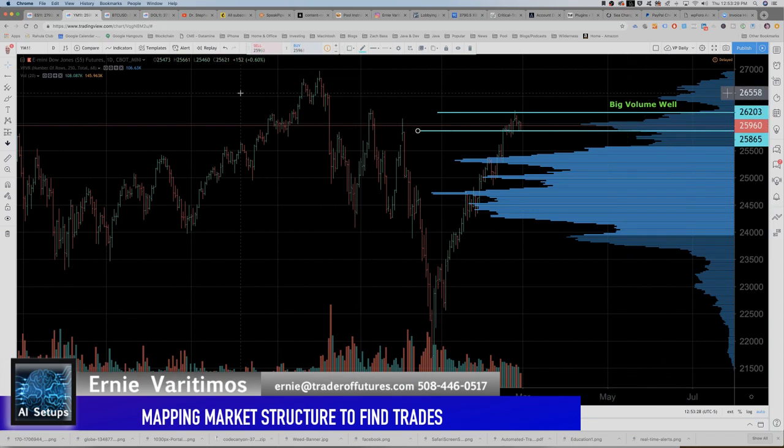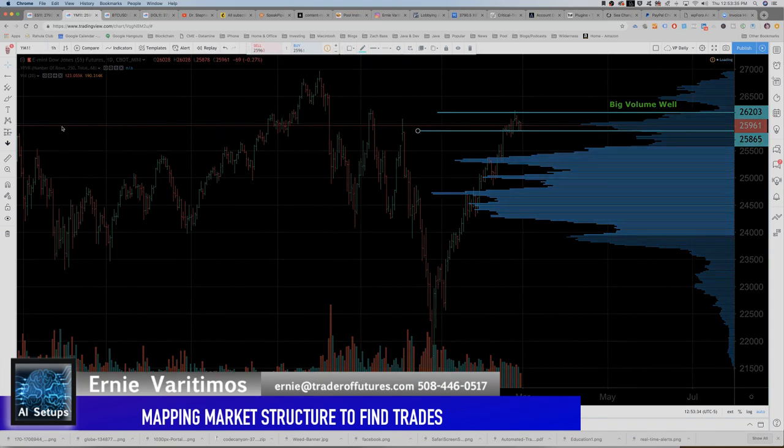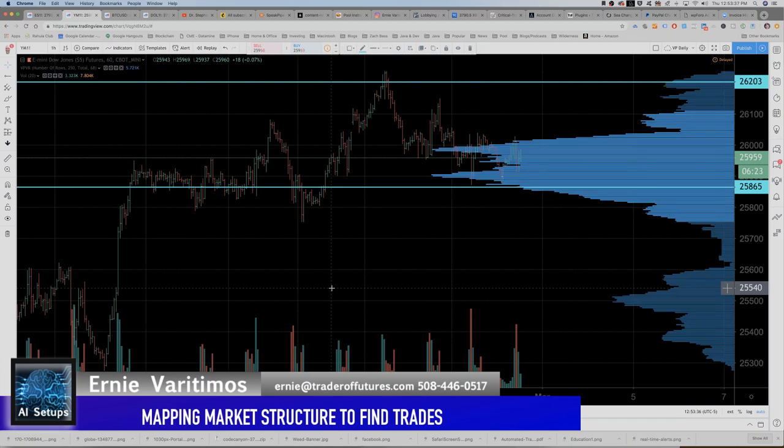So we go to the shorter term, the 1 hour. We can see these lines showing where that big node was. This is a more localized node because we're zoomed in.